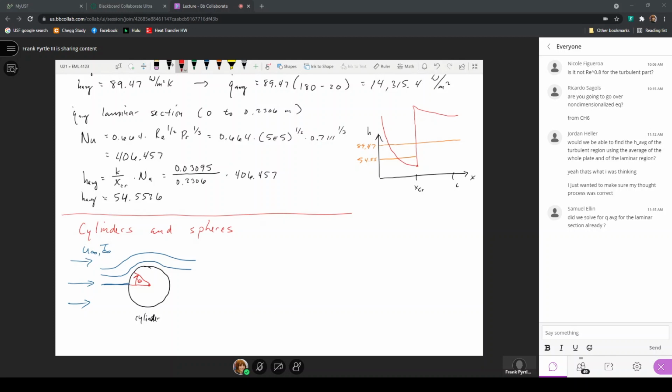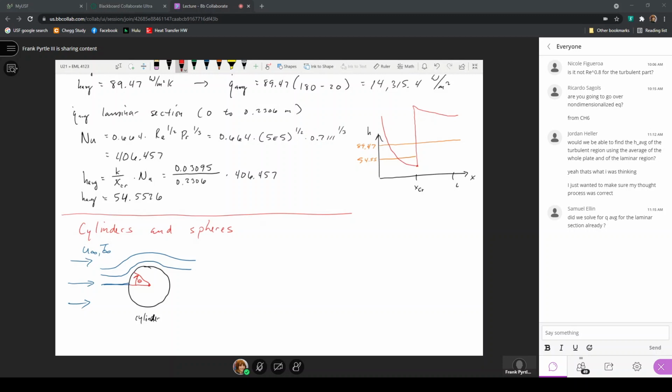And that's because usually heat transfer from a cylinder is due to it being maybe a pipe or a tube in a cross flow of air or water or some other fluid, such that cooling or heating of that surface is occurring over the entire surface. And so we just want an average value with knowledge that there is a variation in the heat transfer coefficient over the entire surface.